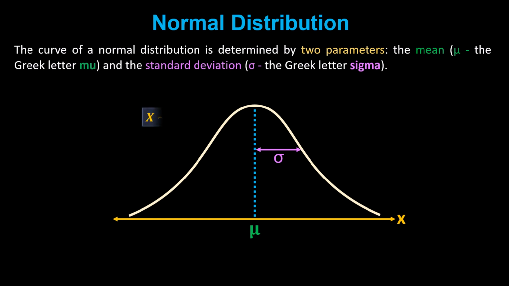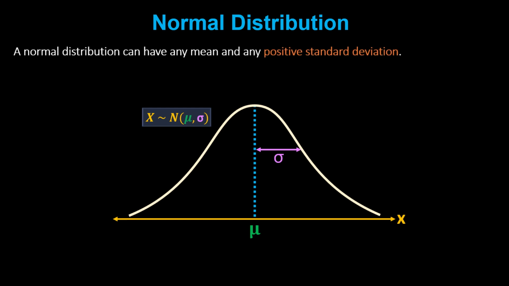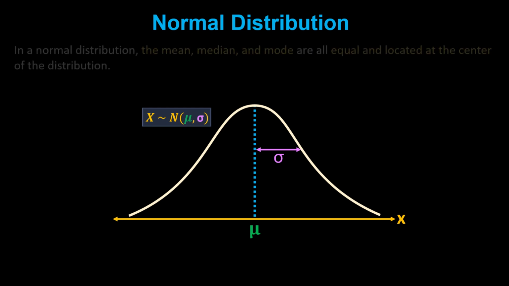So then we can say x has normal distribution with mean mu and the standard deviation sigma. A normal distribution can have any mean. That means mean mu can be any value from negative infinity to positive infinity. It can be a negative number or positive number. And any positive standard deviation, but the standard deviation must be positive.